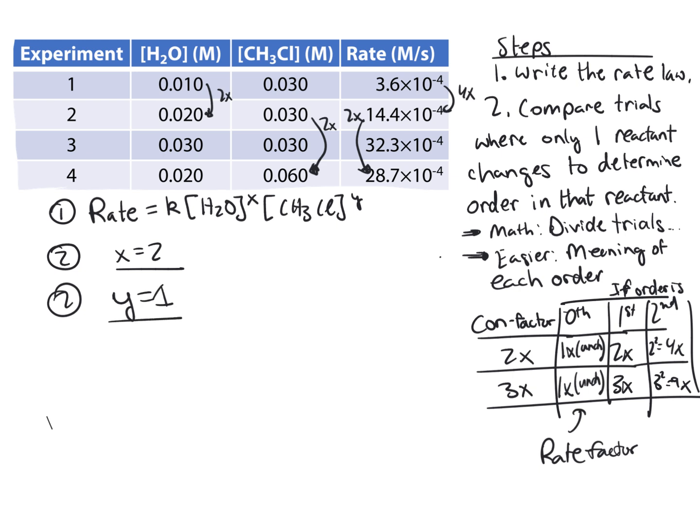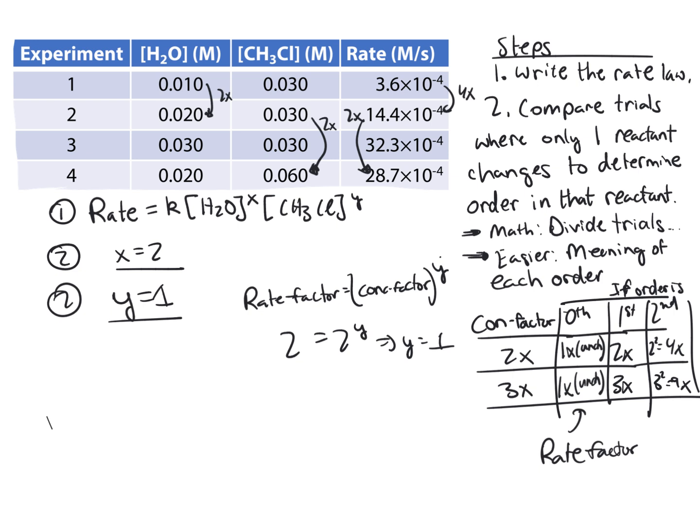Again, to show that in a little bit more math, we could say that the rate factor is equal to the concentration factor to the y. So 2 is equal to 2 to the y, and y is equal to 1, right?